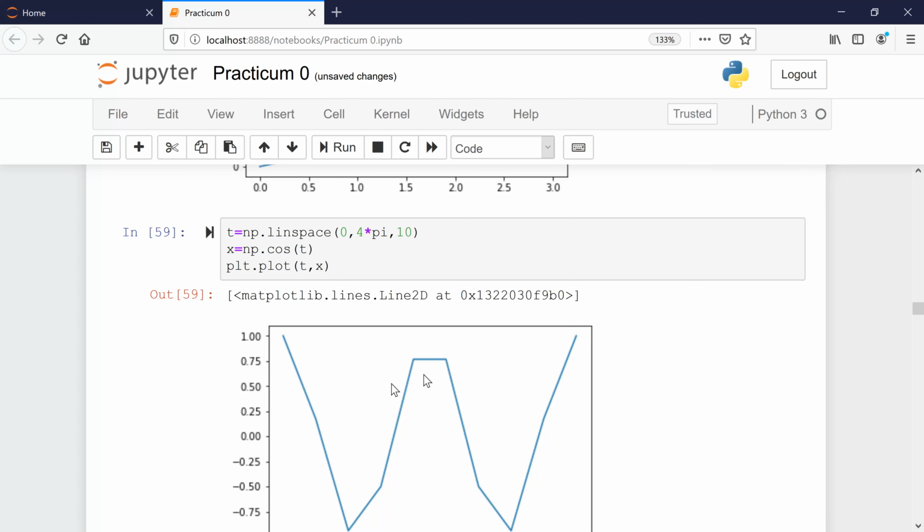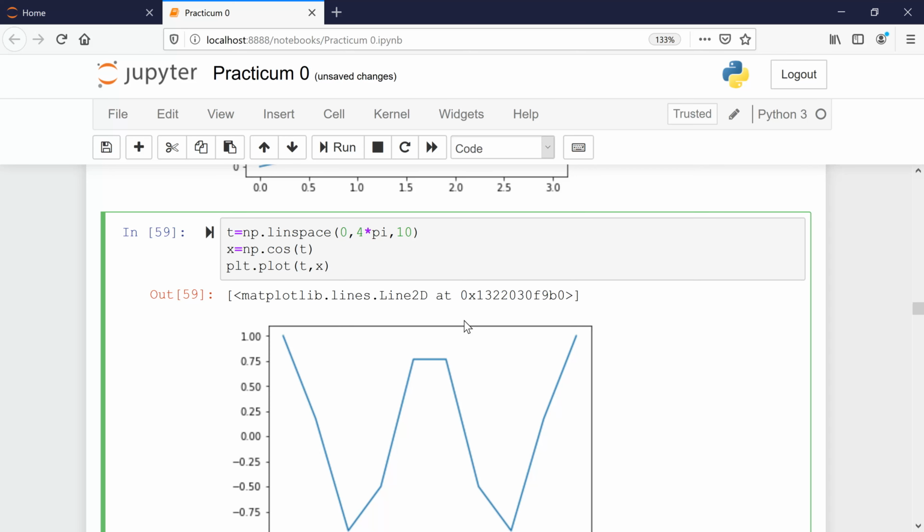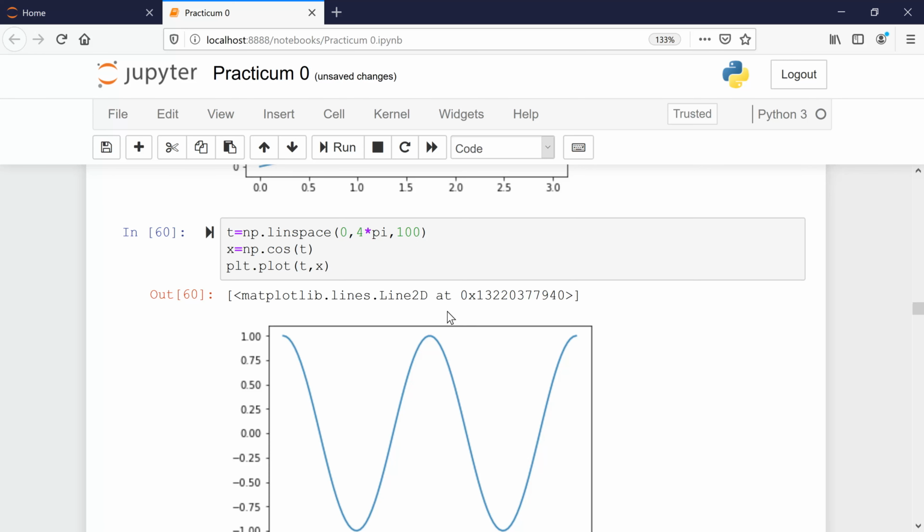So you see that this controls the accuracy. So 100 is good usually. You can take more. And of course, there are so many parameters in plot. You can control the color, you can annotate, you can do a legend, you can do so many things, but this is the most basic plot, just plotting a vector against a vector.